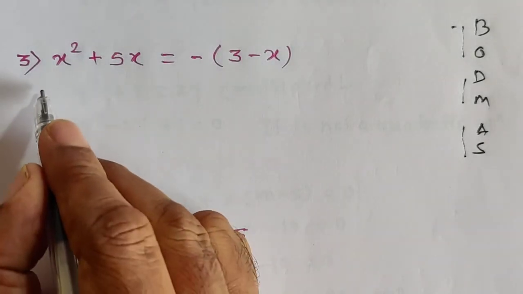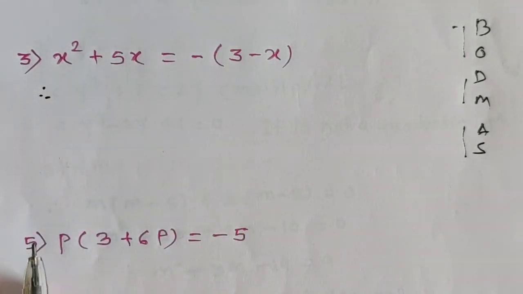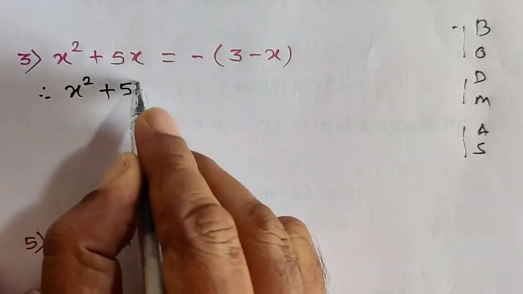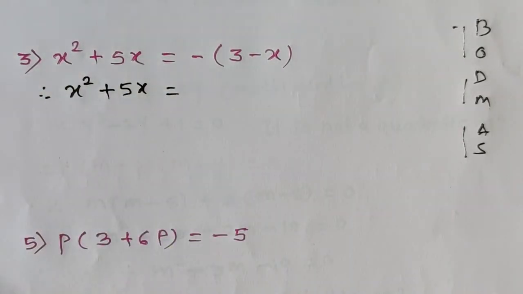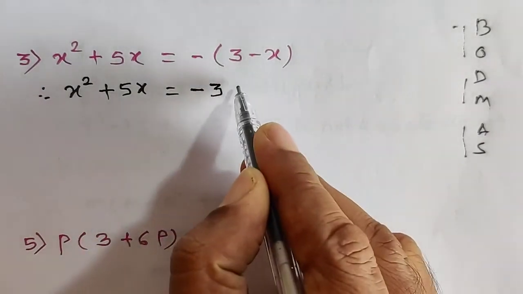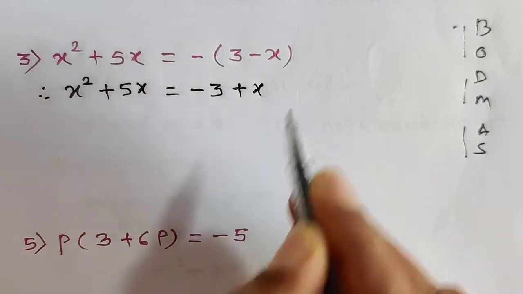So here first open the bracket. Simplify this one. x square plus 5x on the left hand side as it is. Here a minus sign is there, so change the sign: minus 3 and minus minus plus x.